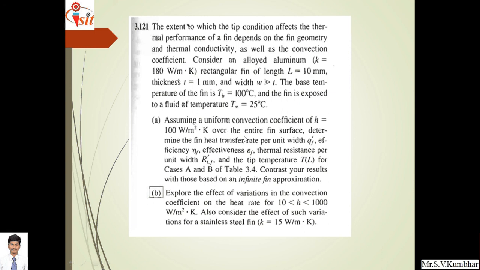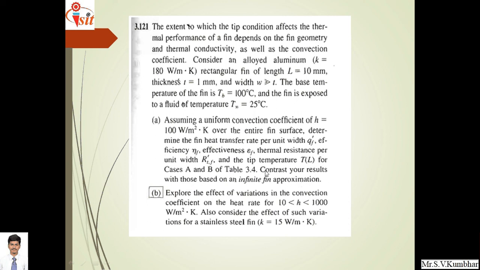Now question number 1, assuming a uniform convection coefficient h that is equal to 100 watt per meter square Kelvin over the entire surface, determine the fin heat transfer rate per unit width, efficiency, effectiveness, thermal resistance per unit width and tip temperature for case A and case B which was given in the table, and contrast your result with those based on infinite fin approximation.